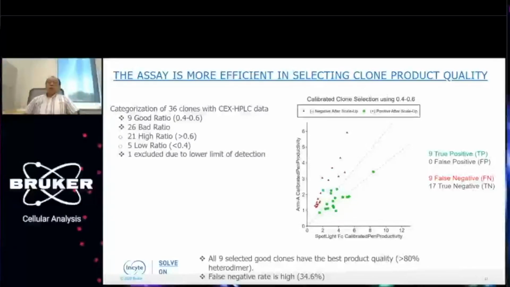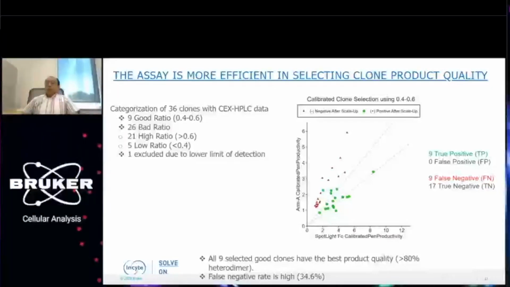Among them, 21 have a high ratio over port 6, and 5 have a low ratio below port 4. 1 clone was excluded due to the lower limit of detection of the assay analyzer software. We found that the 9 selected good clones have the best product quality. We also found that 9 selected bad clones have high product quality.